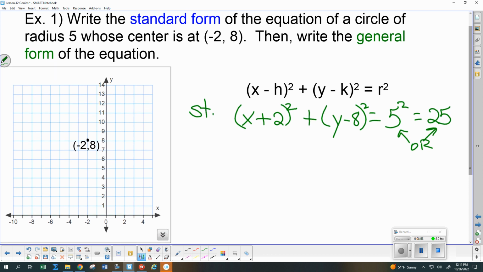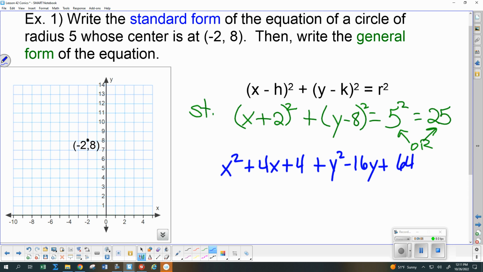To do that, we're going to FOIL this out. So we're going to have x squared plus 4x plus 4 plus y squared minus 16y plus 64. I know I want equals 0 on this one, so I'm going to go ahead and do minus 25 equals 0.